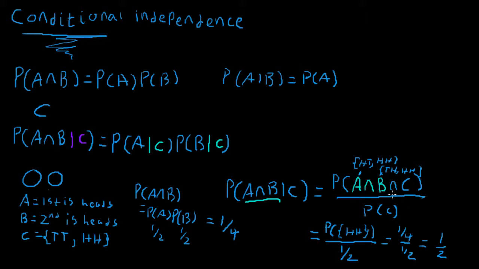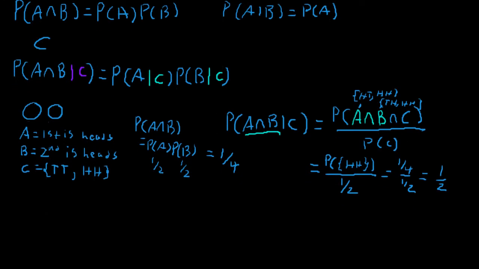Well, what about the probability of each of these guys given C. So the probability of A given C is equal to, now the only intersection of that is still heads, heads, divided by a half, and that's still a quarter divided by a half, so that's a half.